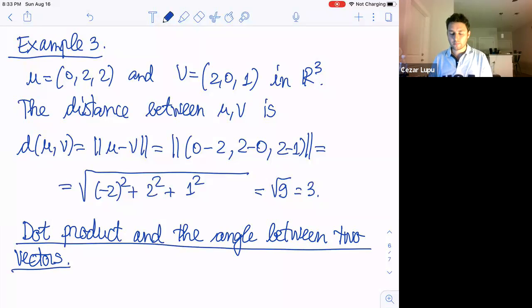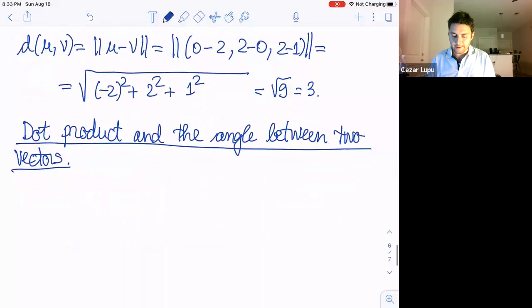Okay. And now I want to find the angle. Let me just draw a picture directly. So let's say I have these two vectors. This is my vector u, and this is my vector v.